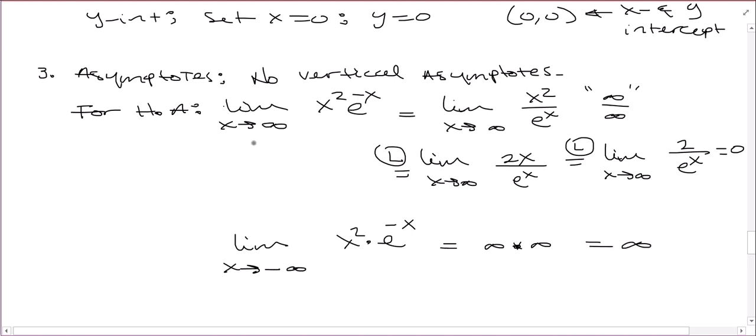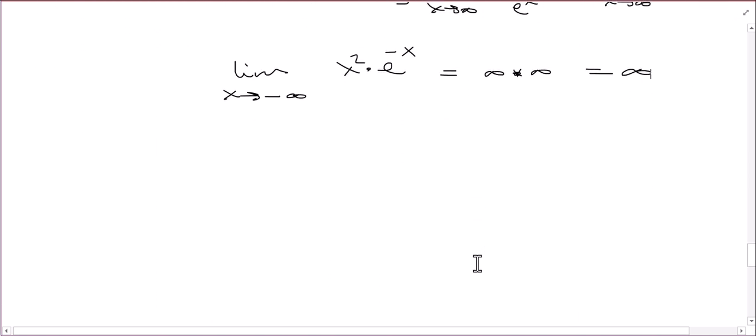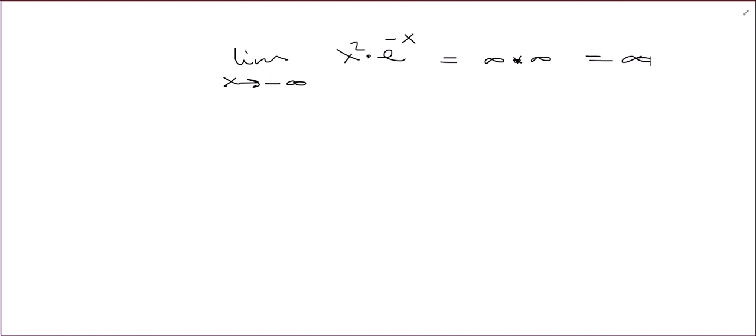So we have a horizontal asymptote to the right. As x goes to positive infinity, the y values go to 0, but as x goes to negative infinity, on the left of the x-axis, they're not approaching a specific y value. They grow without bound, so they go towards infinity. We can start plotting some of our information.